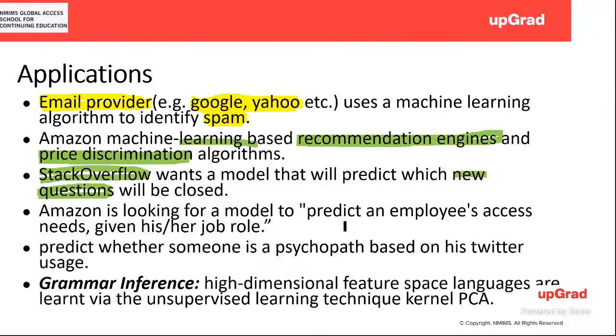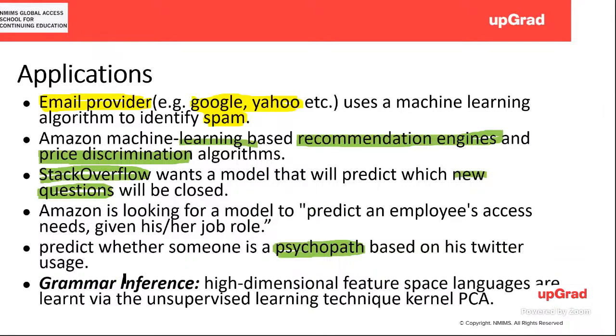So Amazon is trying to make a machine learning model where they can predict whether an employee will need access to a particular website or not, and as per that it will automatically assign them access, right? Suppose you want to forecast a psychopath on Twitter, then you can use machine learning, right? So these are the examples where we can use machine learning.